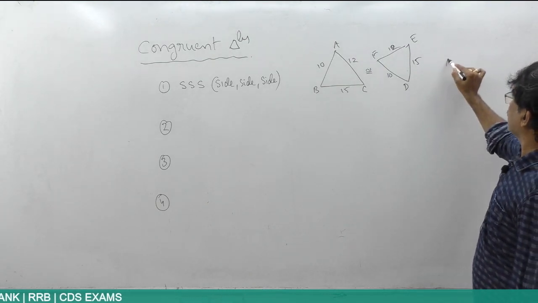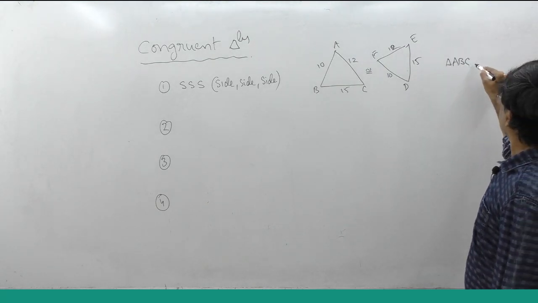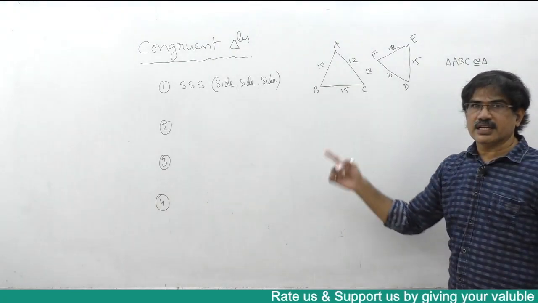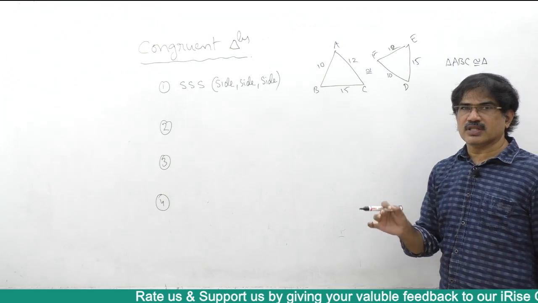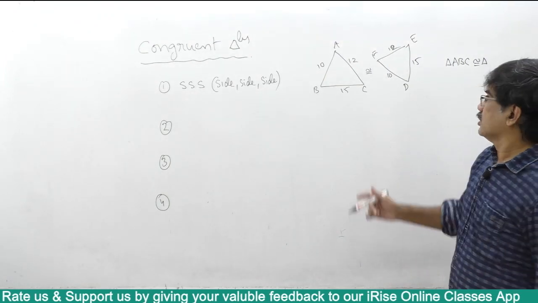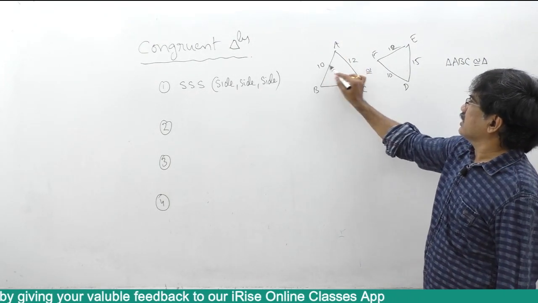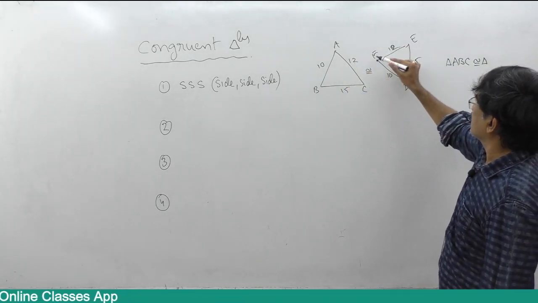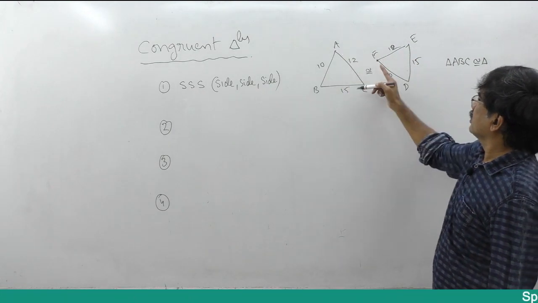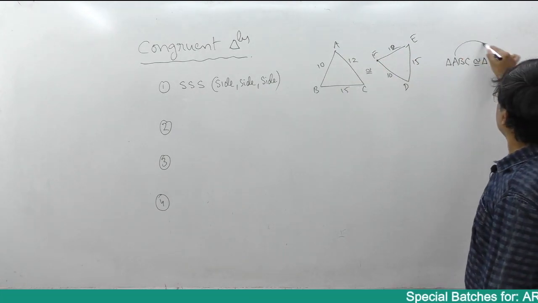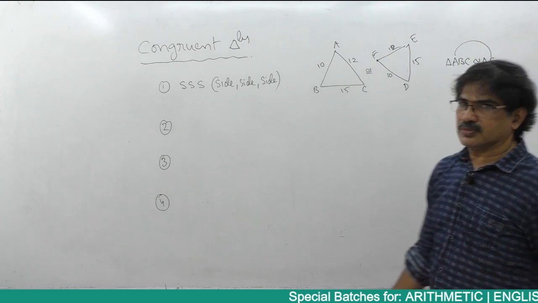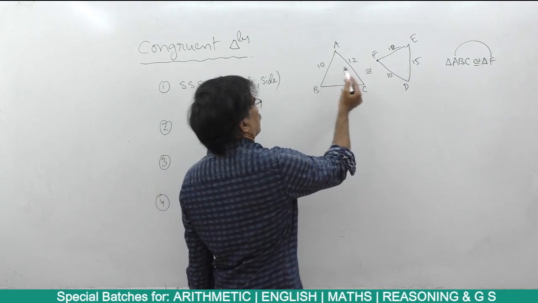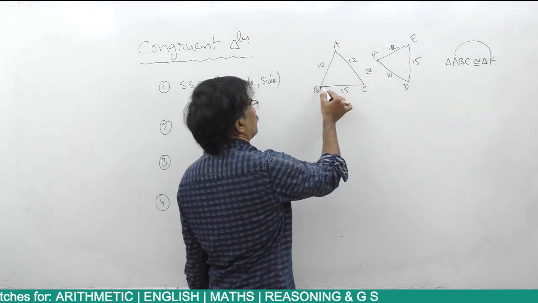So we have to write triangle ABC is congruent to triangle. See carefully, writing congruency must be done very carefully. Here A lies between 10 centimeters and 12 centimeters. Here between 10 centimeters and 12 centimeters, the vertex is F. So A is related to F. The corresponding vertex is F. Similarly, between 10 and 15, B is there.